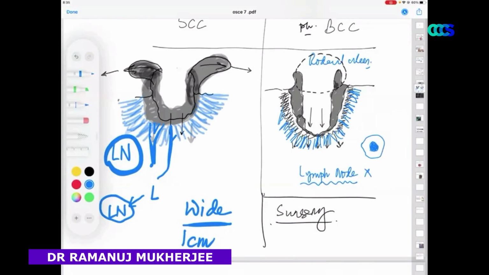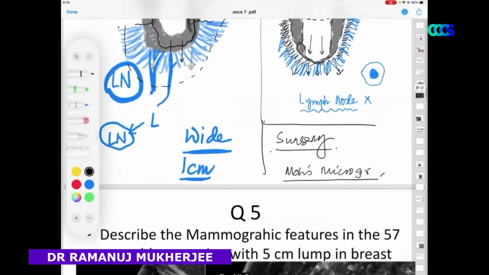So in a squamous cell cancer, what you are seeing is the tip of the iceberg, and hence your technique of excision has to be somewhat like this. But in a basal cell cancer, the main issue is growth into the depth, and hence an excision of the tumor with a negative margin, and hence the role of Mohs micrographic surgery has come in a big way. Okay, so this completes this part.